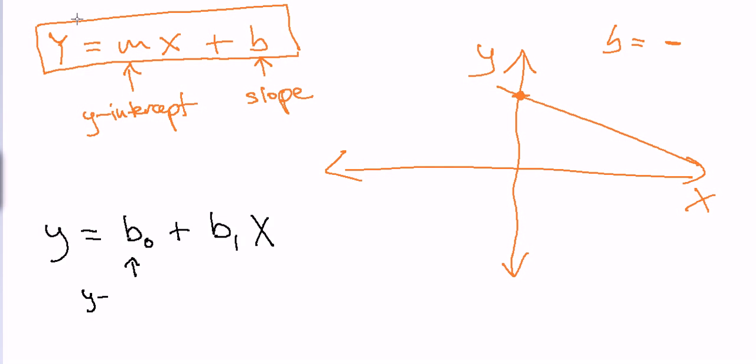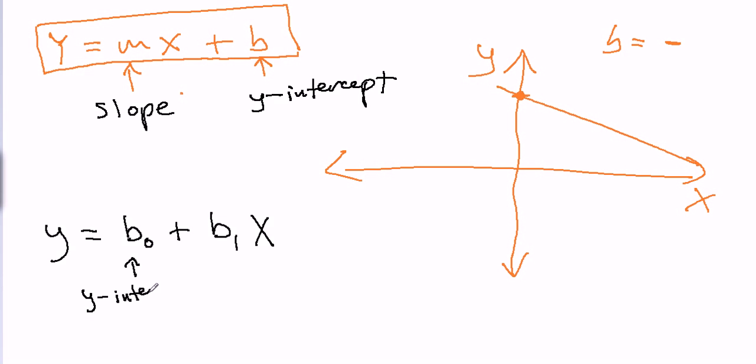In the previous equation, m was actually our slope, and b was our y-intercept. If you caught that, God bless you. In our line down here, b0 is our y-intercept. The one that's connected to the x variable is our slope. So b1 is my slope.